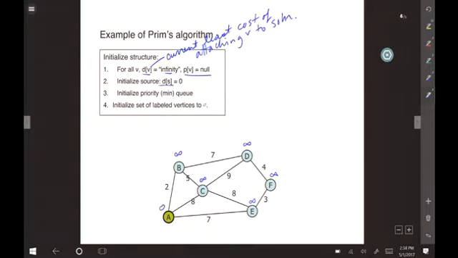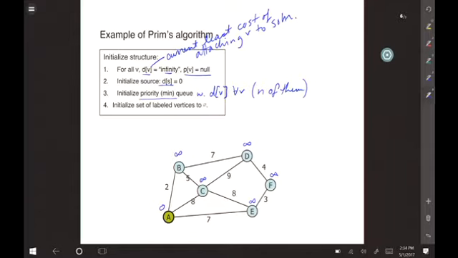We're going to initialize a priority queue this time with the D sub V's, which means there are n of them, because there is one of those measures for every vertex. And we're going to set the set of labeled vertices to the empty set. So nothing's labeled right now. All we have is a priority queue with 0 and a bunch of big numbers in it.